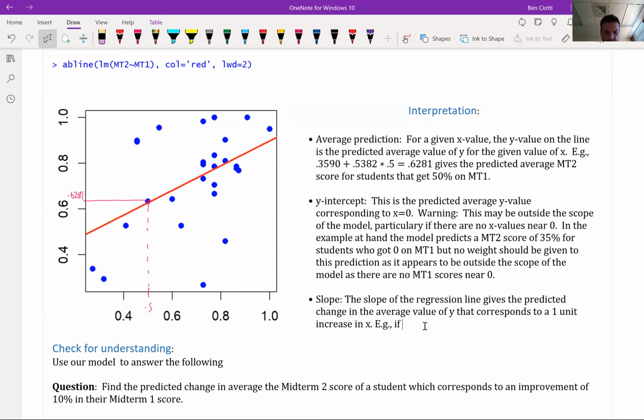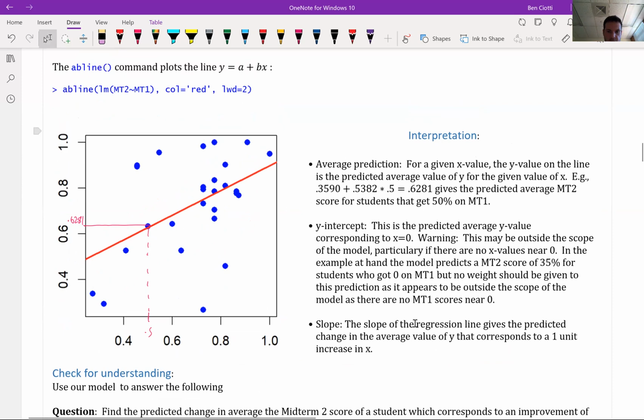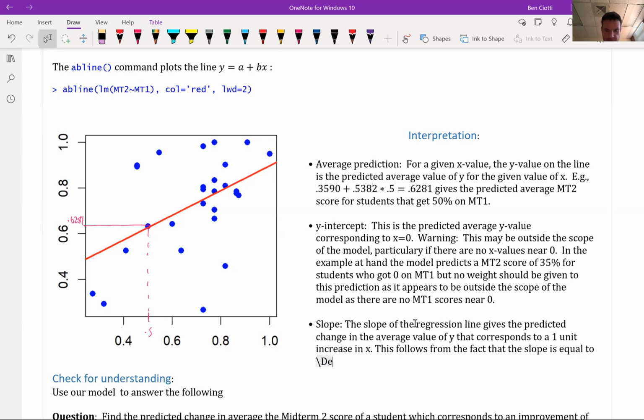This follows from the fact that the slope is equal to delta y over delta x, so it is equal to delta y when delta x is equal to 1.